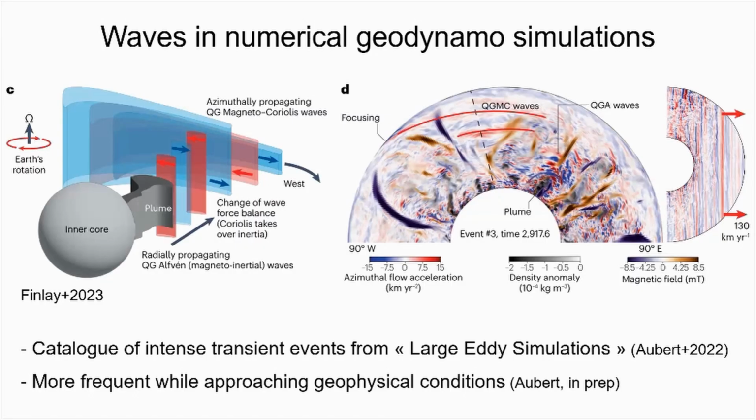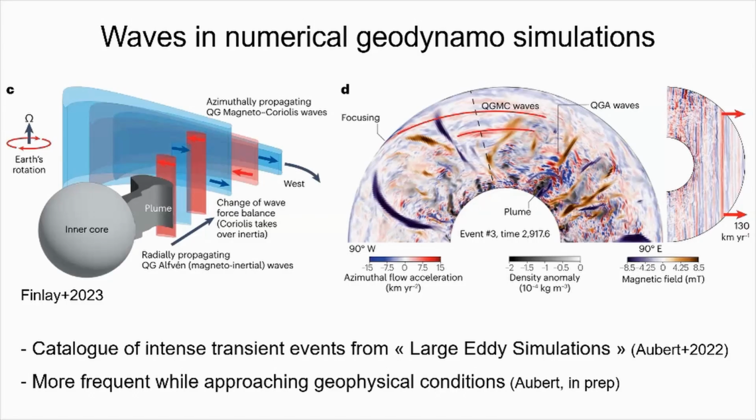This is one example of such a simulation, with fluid motion in red and blue, and magnetic field in brown and purple. Using this simulation, we can isolate several things that we can witness or not in the observations. One of them is, for instance, the appearance of a thermal or buoyancy plume near the ICB that will generate what we call QG alpha waves.